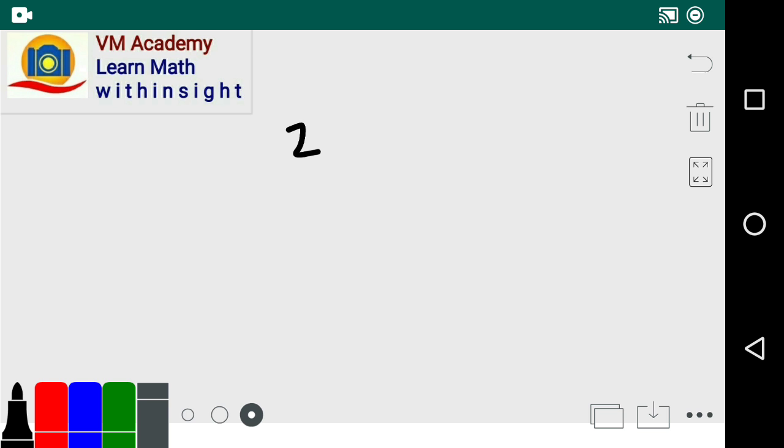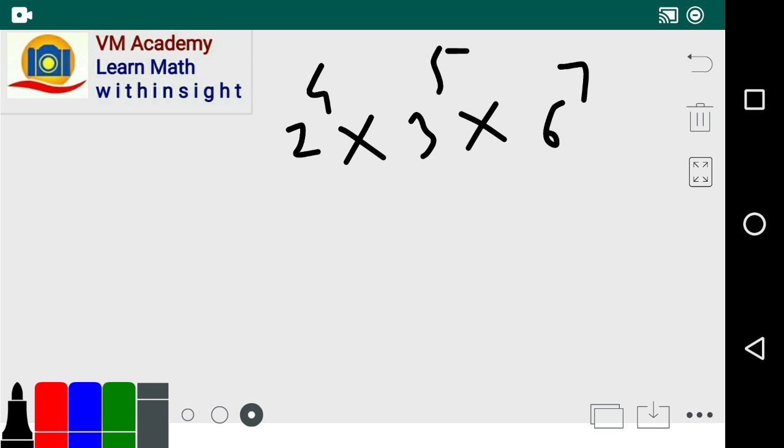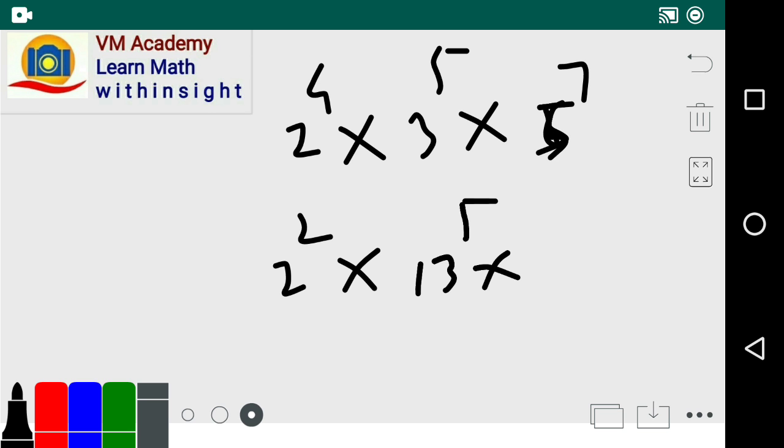Now what is the GCD between 2 raised to 4 into 3 raised to 5 into 5 raised to 7, and 2 raised to 2 into 3 raised to 5 into 4 raised to 8, friends?